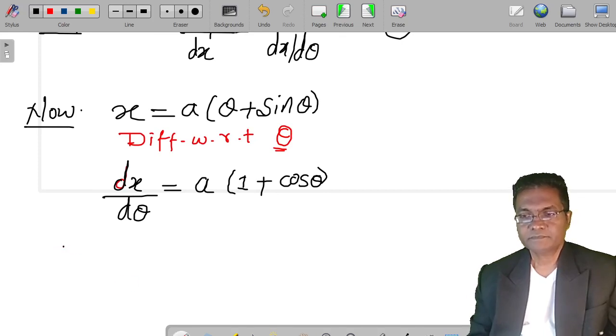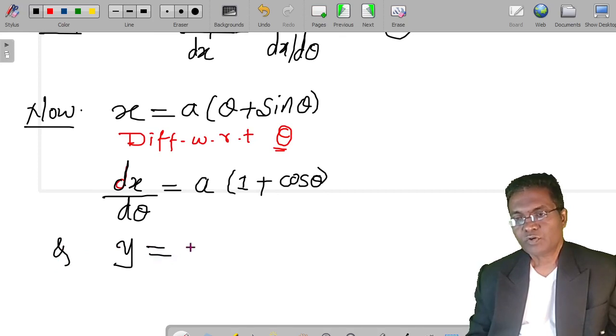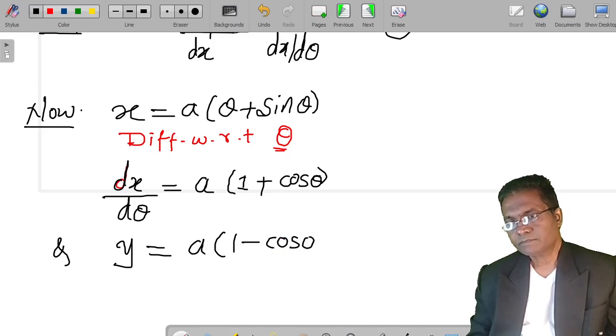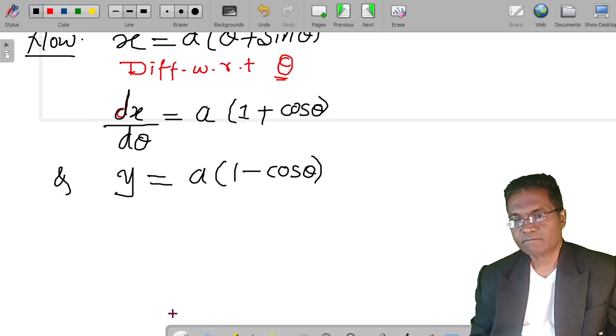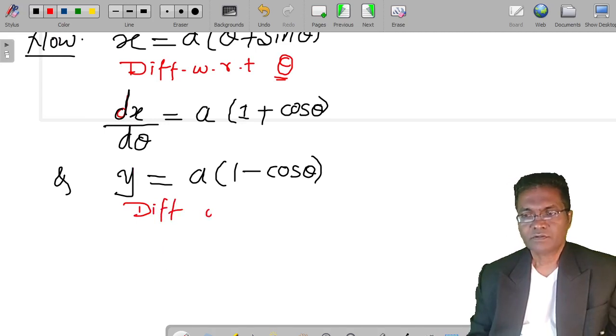Similarly, y is equal to a into 1 minus cos theta you have. Okay. Differentiate with respect to theta.